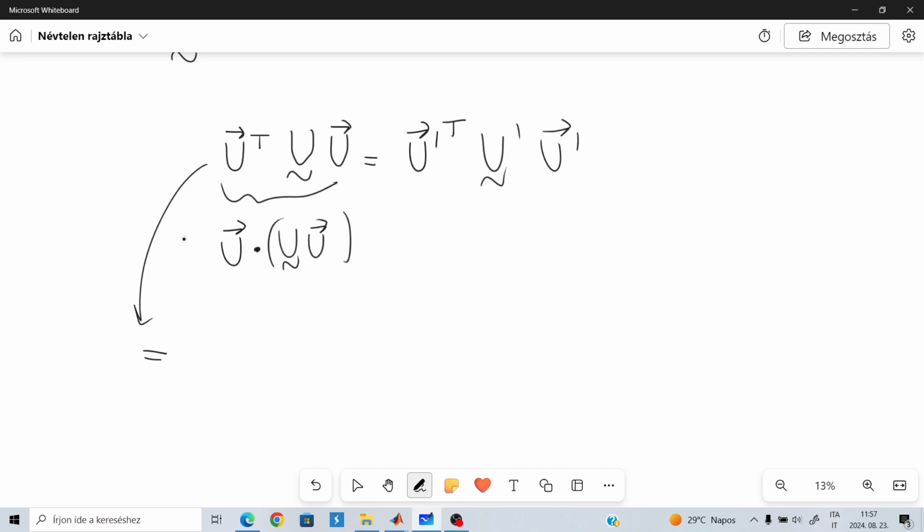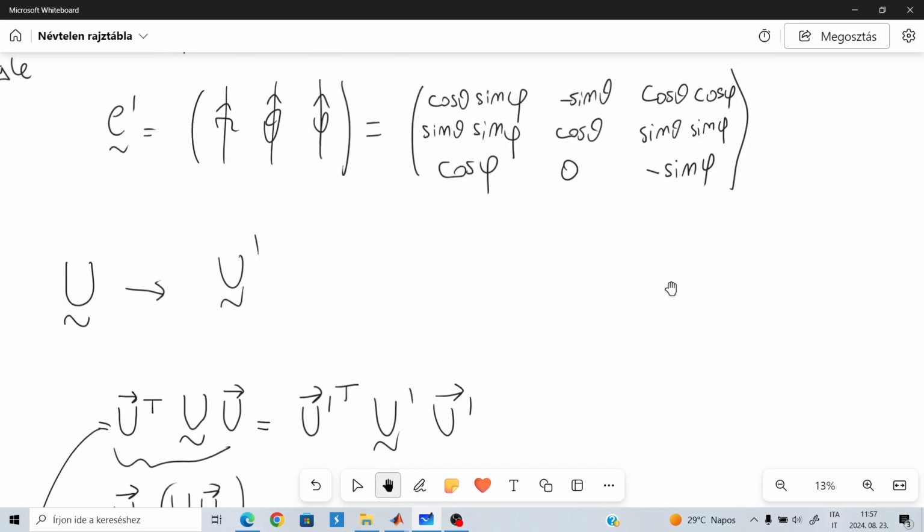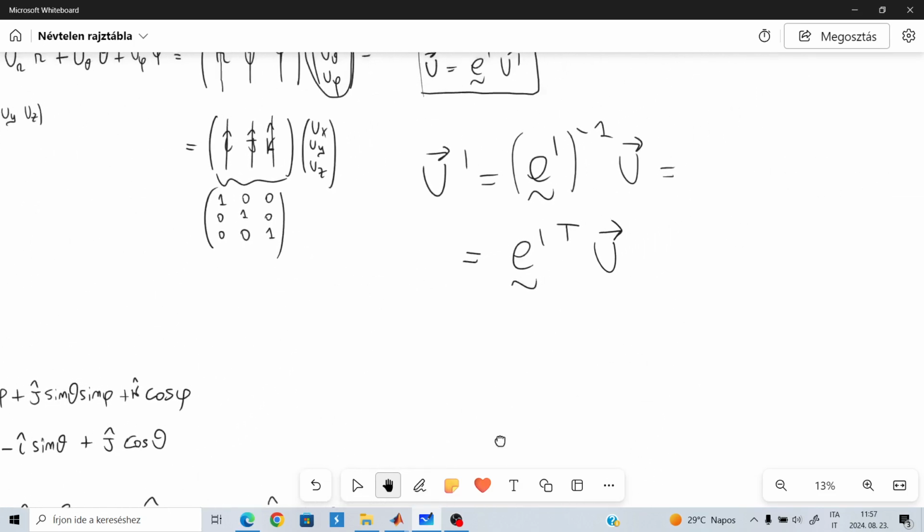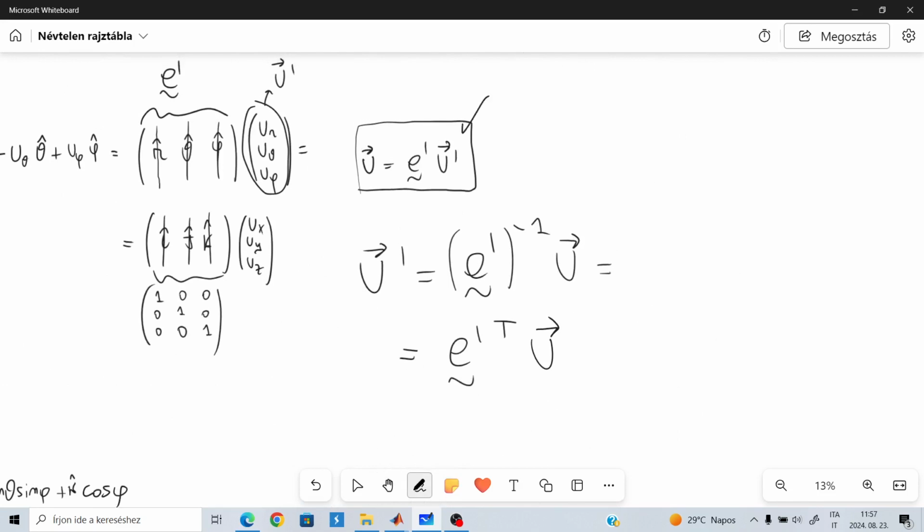Let me show you. That's equal to U transpose, U is equal to E prime, U prime, and then I have to take the transpose of that, if you recall. So I'm using this definition here.